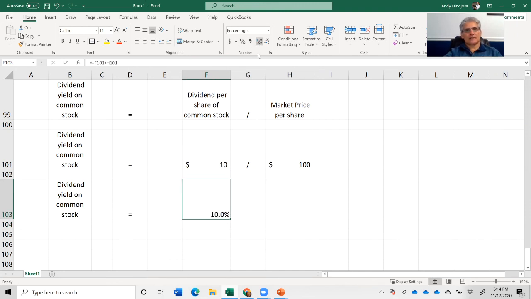And this is 10%. Is that good? This really depends on the industry, and this also would depend on whether we're looking for a company that pays quite a bit in dividends. If that's our objective to gain cash flow, then we would be looking for this.